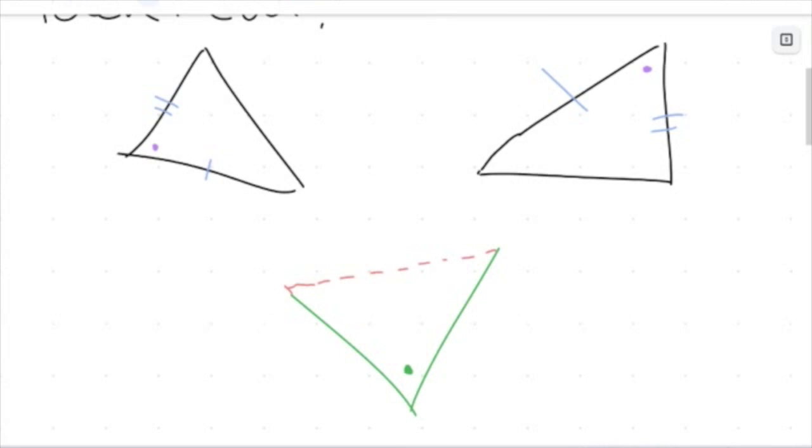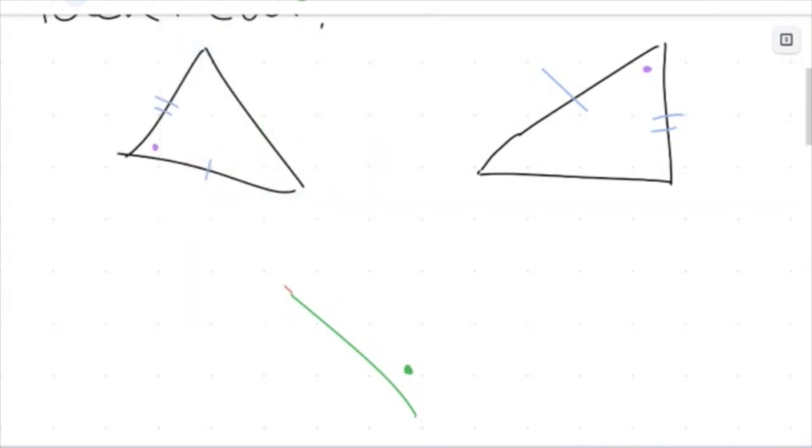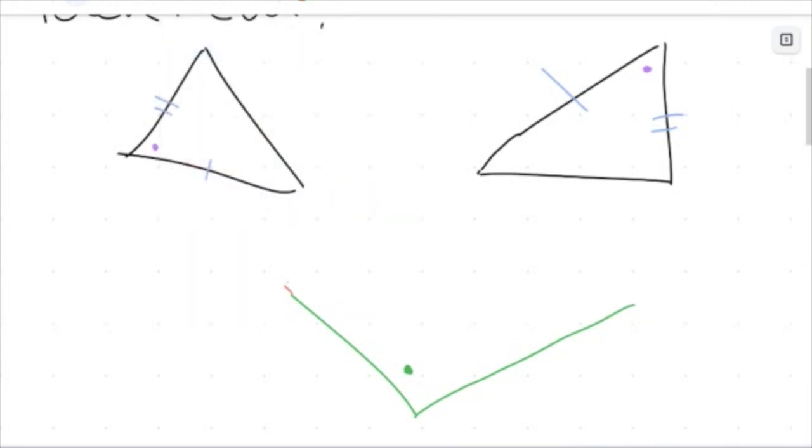Now, what if I made the distance between the sides even bigger? What if I made it an obtuse angle? Well, the distance between that is going to get bigger.